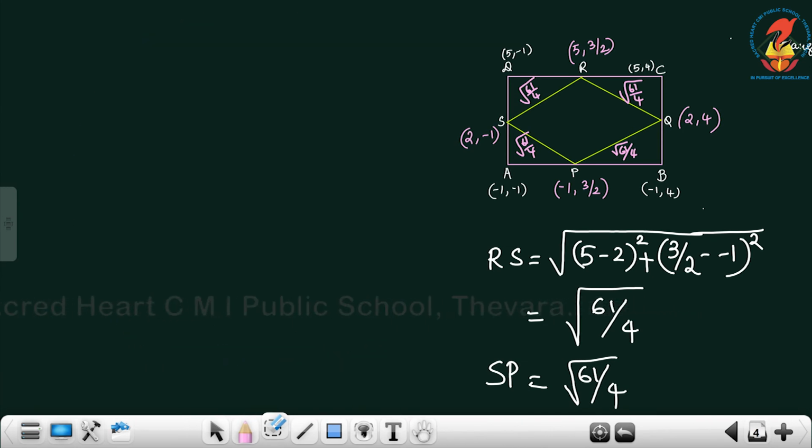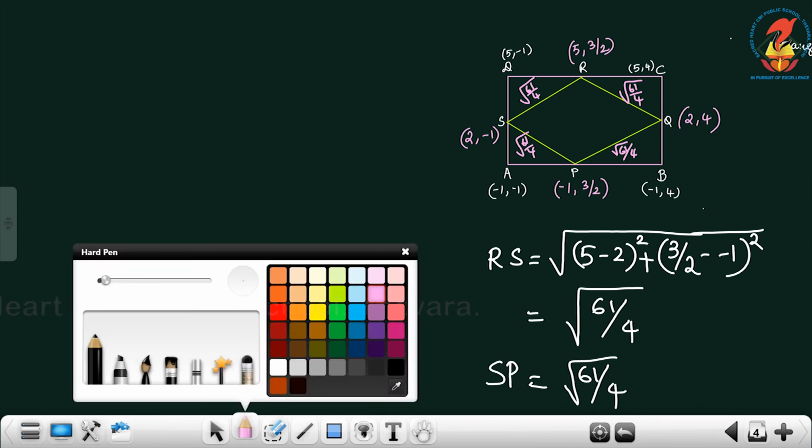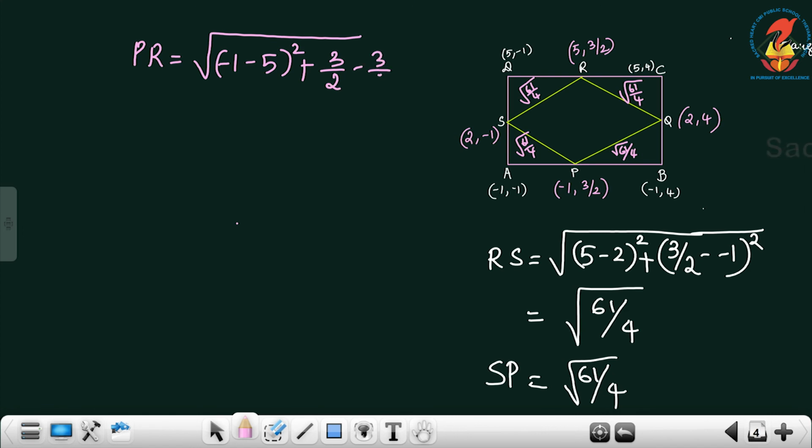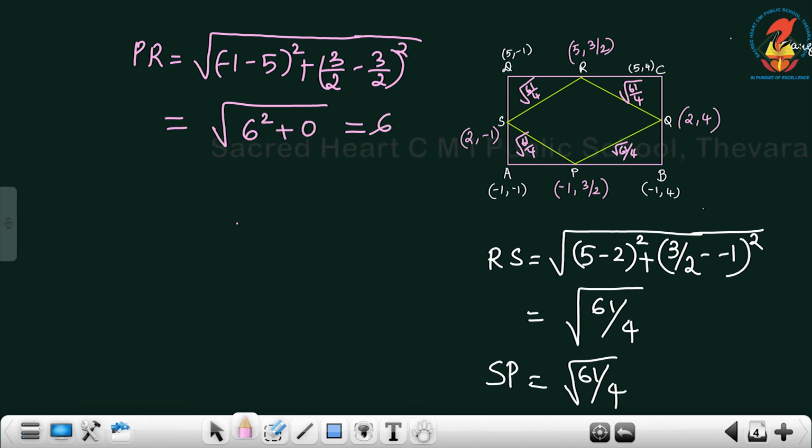How will I find the diagonals? What will be the diagonals? PR, the length of PR, square root of -1 minus 5 the whole square plus 3 by 2 minus 3 by 2 the whole square. So I will get the value of PR as 6 square plus 0, which is equal to 6.